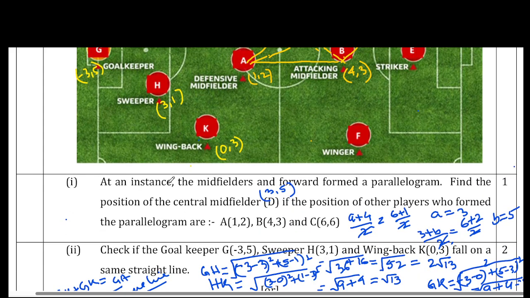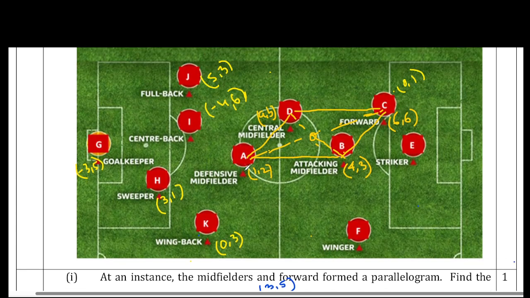The defender, midfielder and forward form a parallelogram. Find the position of the central midfielder D if the positions of the other players of the parallelogram are given. See here, the parallelogram is there. You have to find out the position of D, and a and b. These are given.